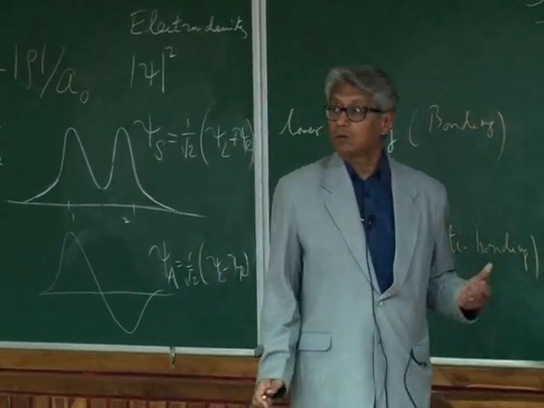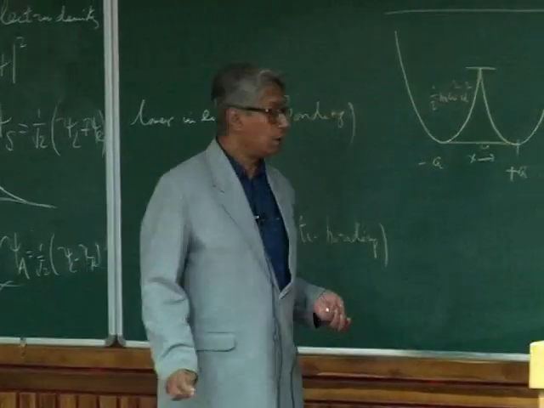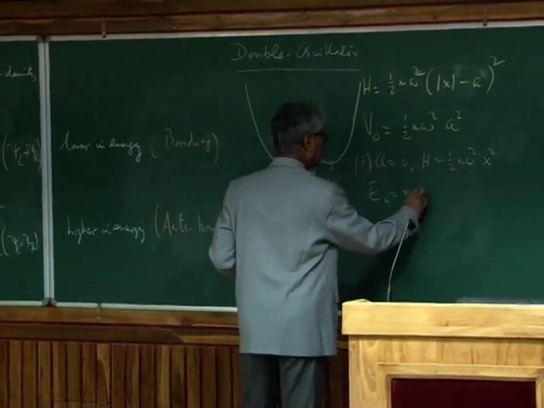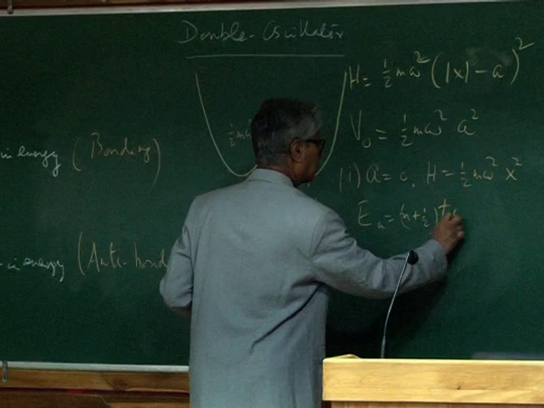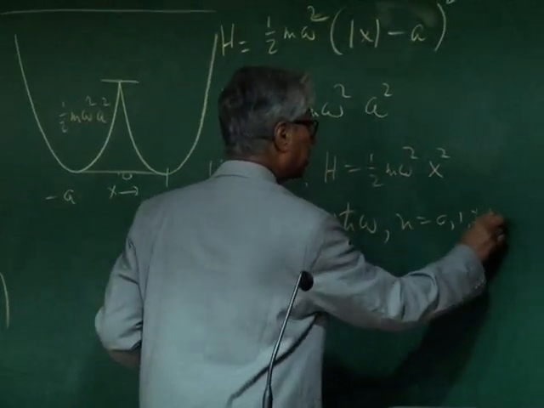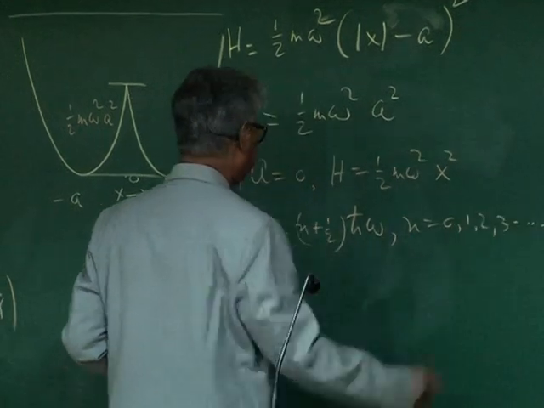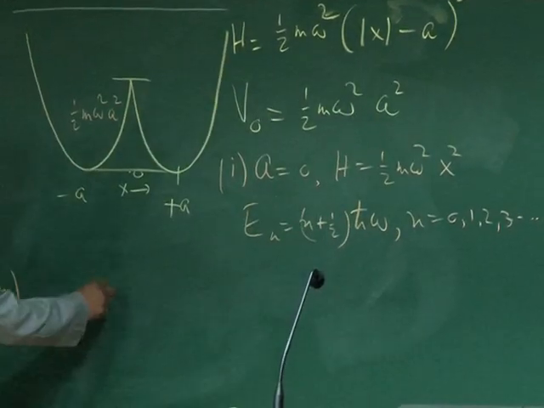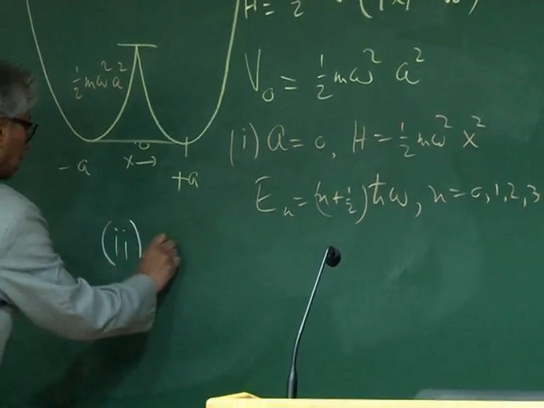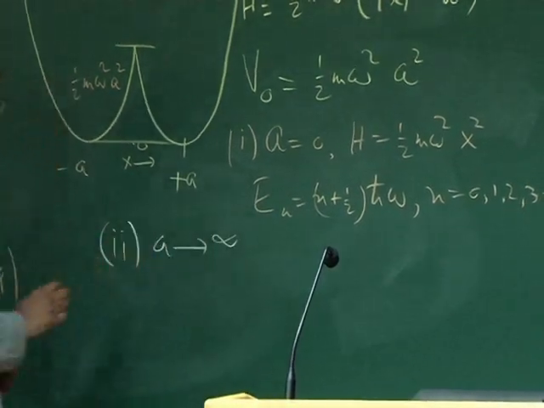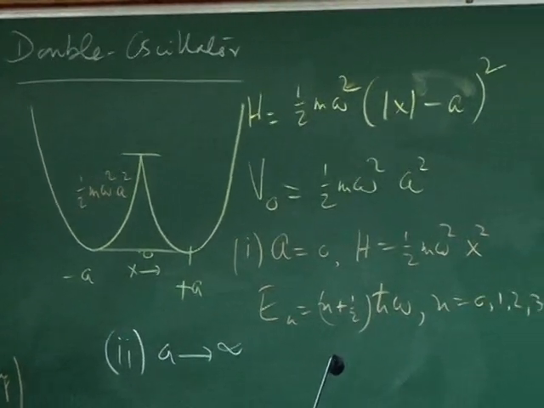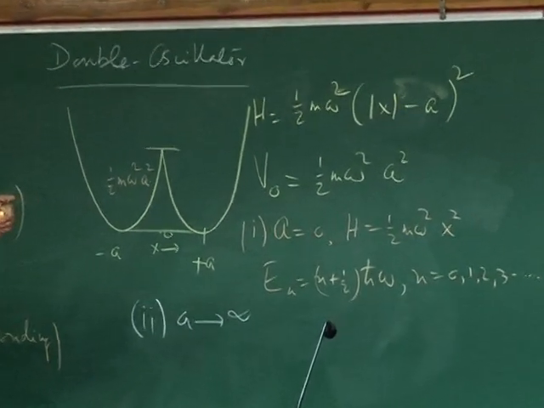So, what are the eigenvalues of a single harmonic oscillator? You have E_n, where n goes from 0, 1, 2, 3, etc. These are quantum numbers, right? If A goes to infinity, then you separate the two oscillators and they are far apart.